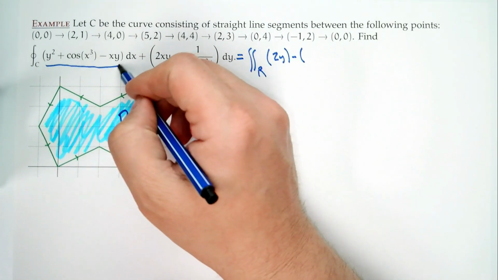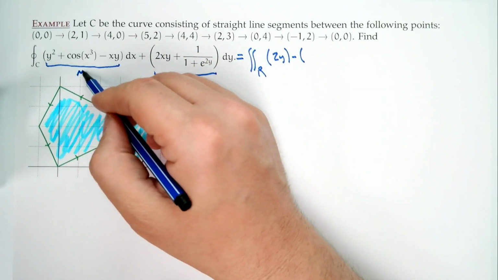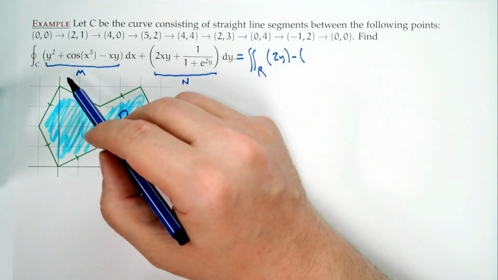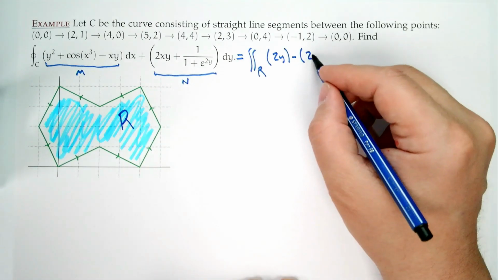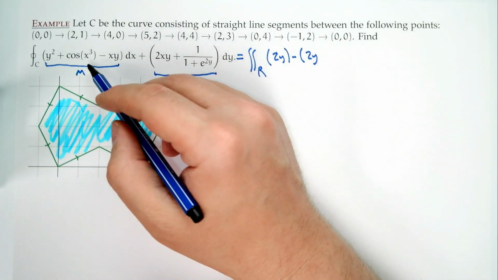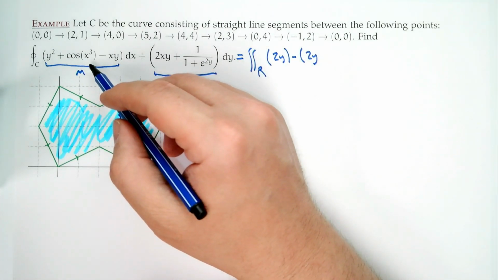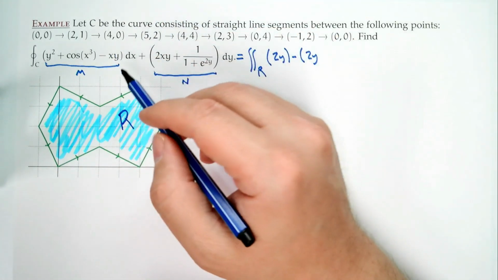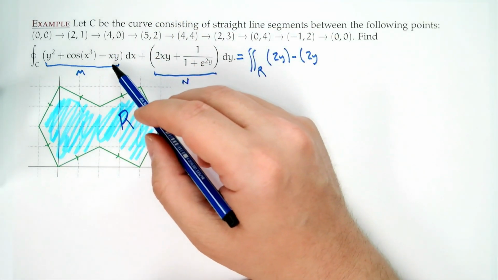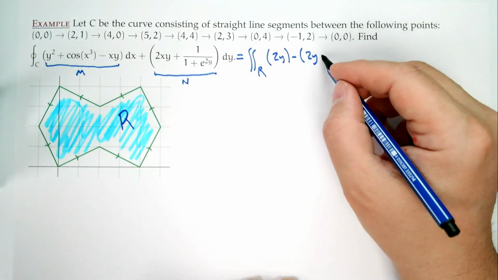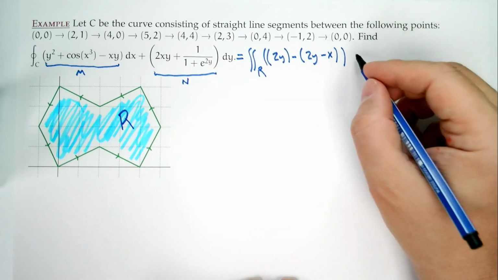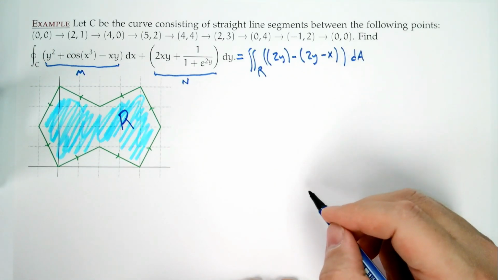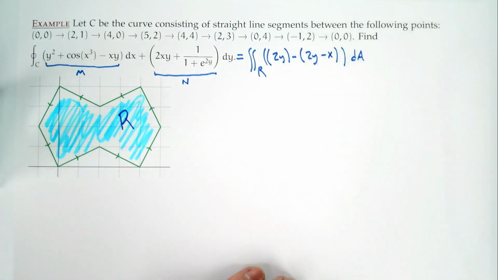This is our M. And we're going to take the derivative of this with respect to y. So derivative of y squared with respect to y, 2y. Derivative of cosine of x cubed with respect to y, 0, gone. Minus xy, derivative of that with respect to y is minus x. Write that dA. Now we see, aha, we are in luck.